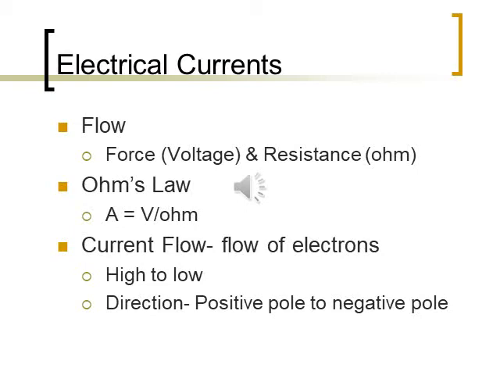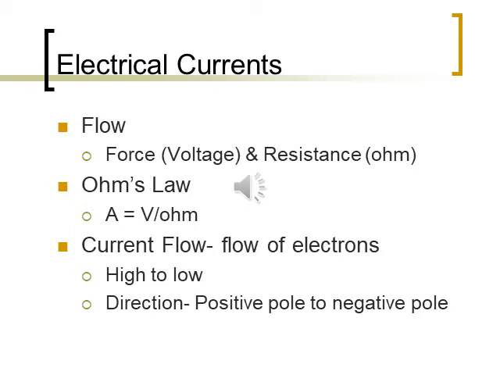When we look at Ohm's law, which dictates the rate of current flow, the ampere, A, is equal to the voltage divided by the resistance, or the ohm. So there's an inverse relationship there.